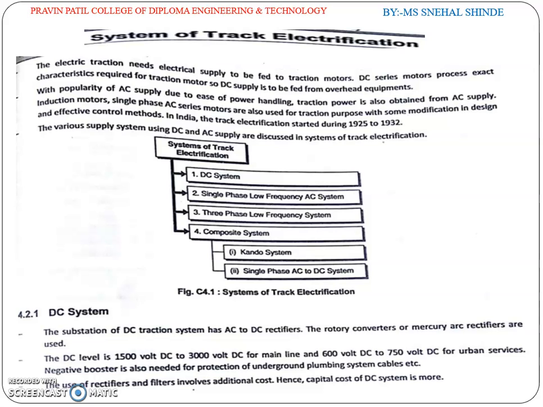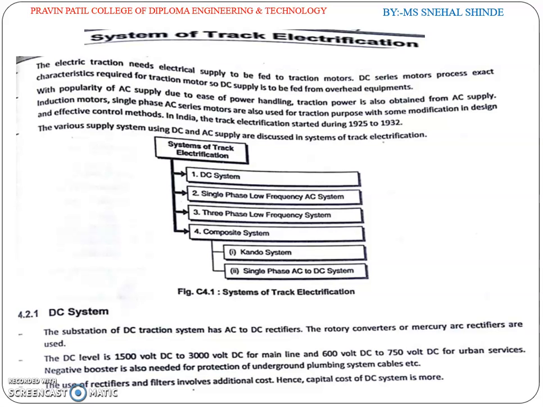A negative booster is also needed for the protection of underground piping system and cables. The use of rectifiers and filters involves additional cost, hence the capital cost of the DC system is more.